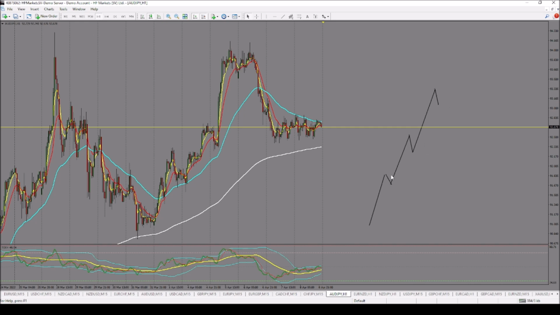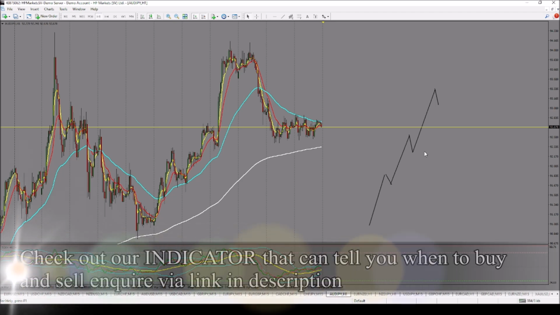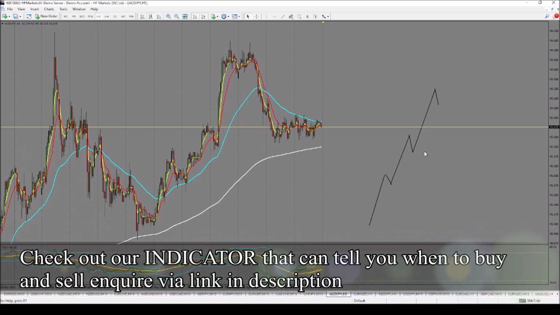So how do we count these levels? We may look for days of rise or days of fall. It's up to us. We may also use another method called the EMA simplification, which simplifies how to count levels using moving averages. But in this particular video, we are going to talk about how to count levels using days of rise or days of drop.